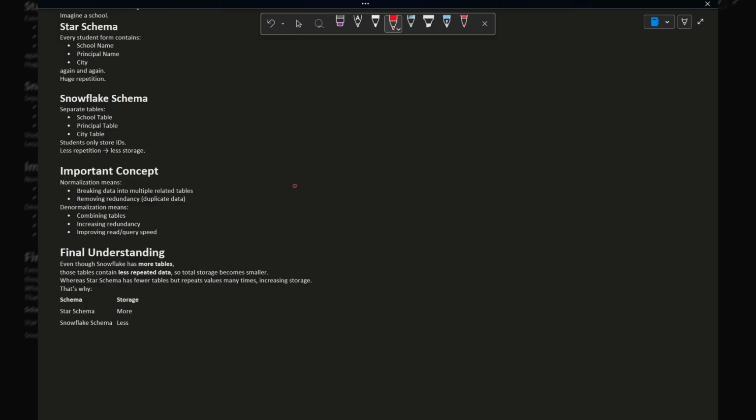Let's move on to another concept: what normalization and denormalization mean. I know that you guys know what normalization is. For a particular table, we break that table down into multiple related tables, as in the case of Snowflake schema, and we remove the redundant, that is duplicate, data.